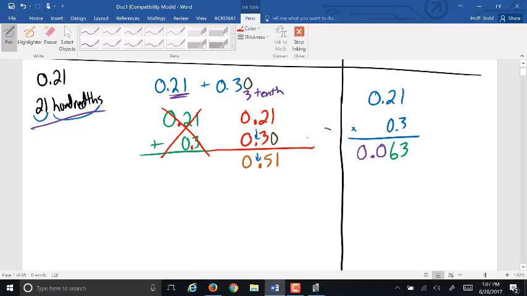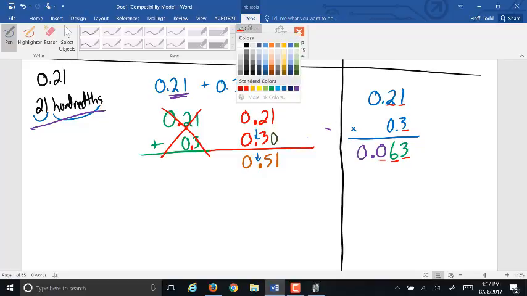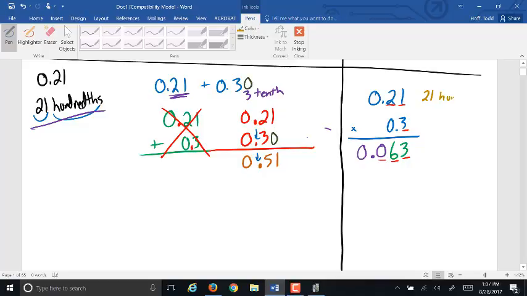Why did I have to put a 0 there? Okay. We were taught that you count 1, 2, 3 decimal places in the problem. There has to be 1, 2, 3 decimal places in your answer. Well, why? We're back to that 3rd or 4th grade teacher again, right? Because this is 21 hundredths.